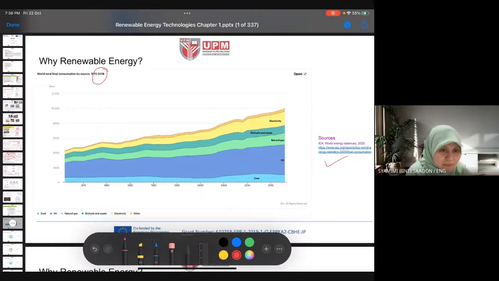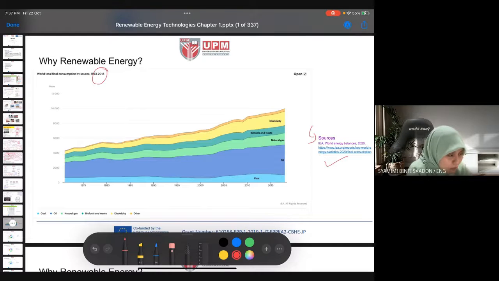It is centralized in Paris, France. It is a worldwide international energy agency that comes up with policy, for example policy for low carbon. Sebenarnya IEA ni yang akan keluarkan. So IEA is based in Paris, and these are some of the data they have.